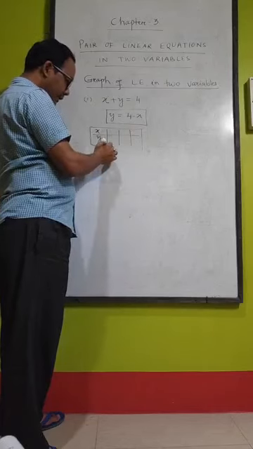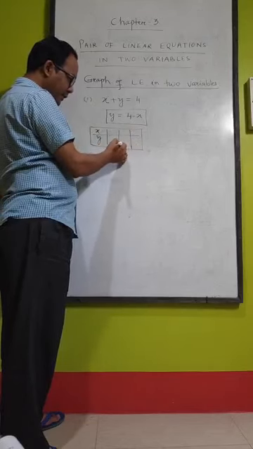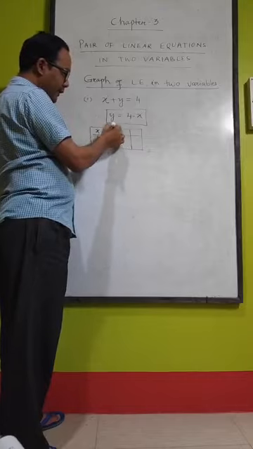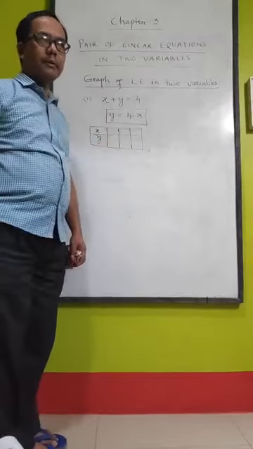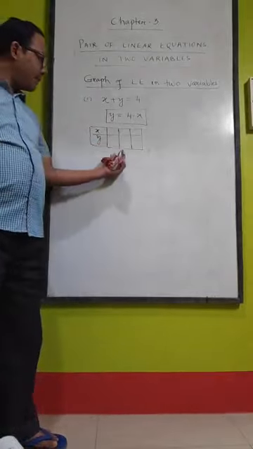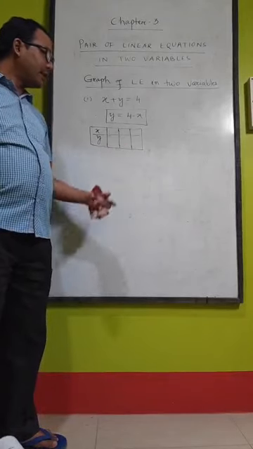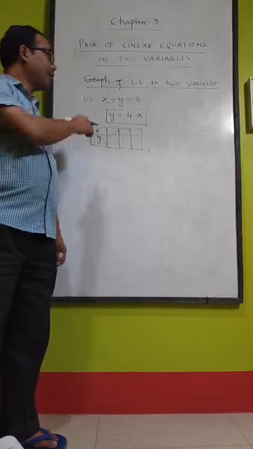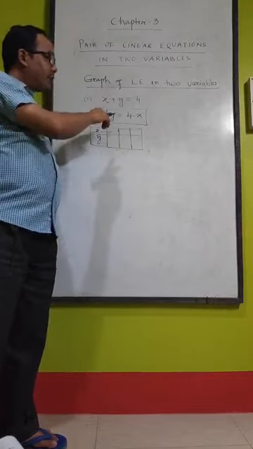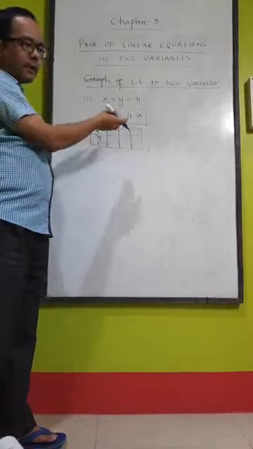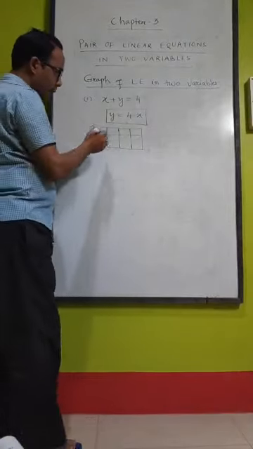We need minimum 2 points for drawing the graph of a linear equation in two variables. You can take minimum 2 points because if we know 2 points, then we can easily get a straight line. The graph of a linear equation in two variables is always a straight line. We already remember all these things.